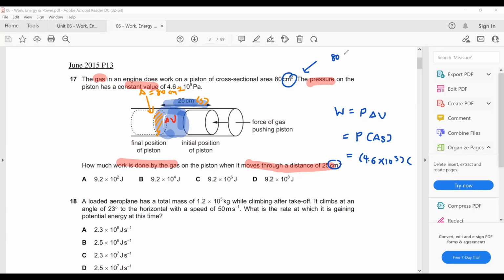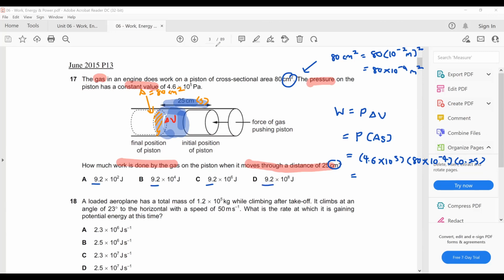Let me just write it out. 80 centimeter square is the same as 80 times 10 power minus 4 meter square. So your area is actually 80 times 10 power minus 4 times 0.25. You notice that the choices of answer here have the same base magnitude, but the powers are different.